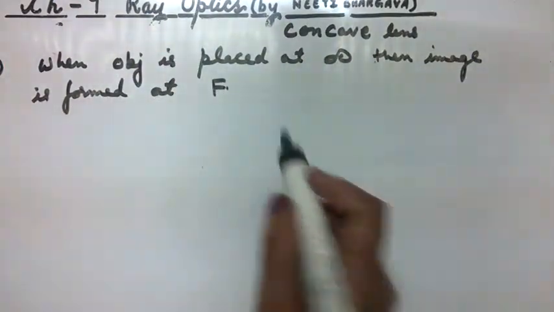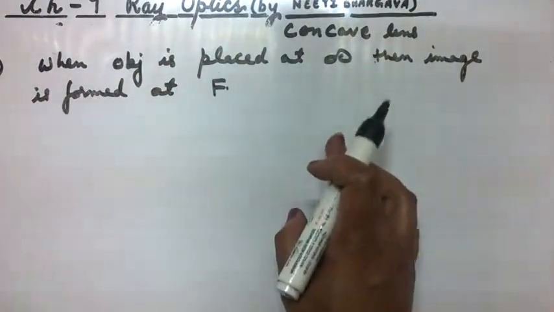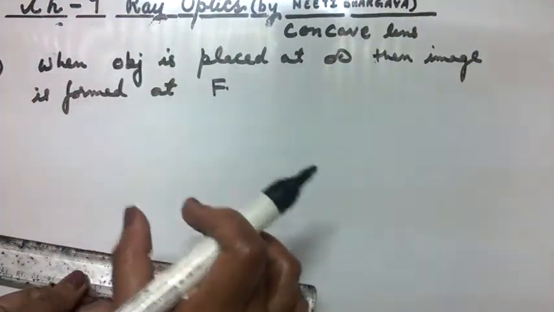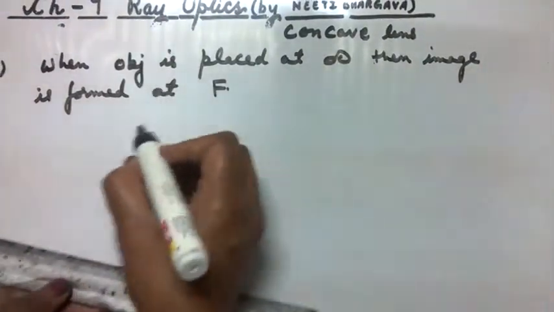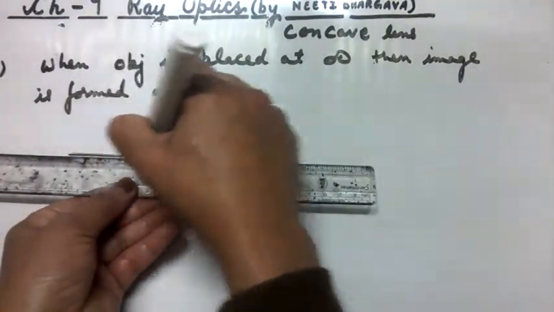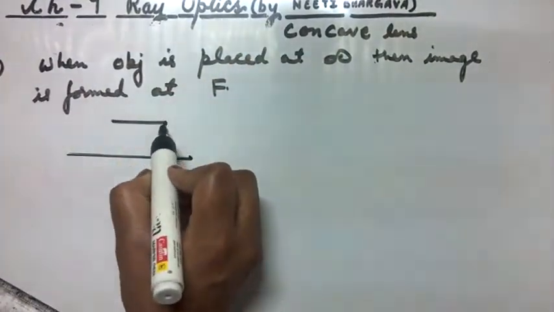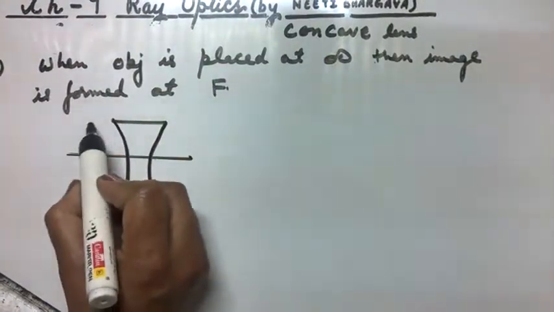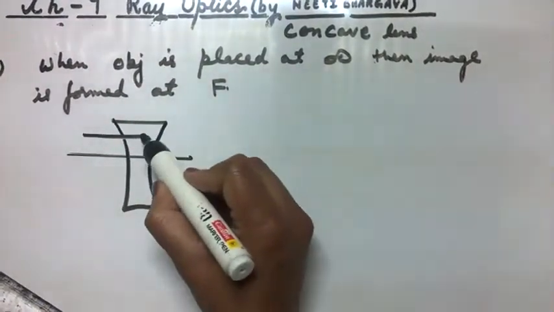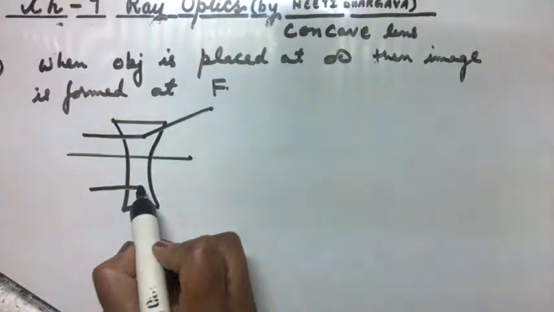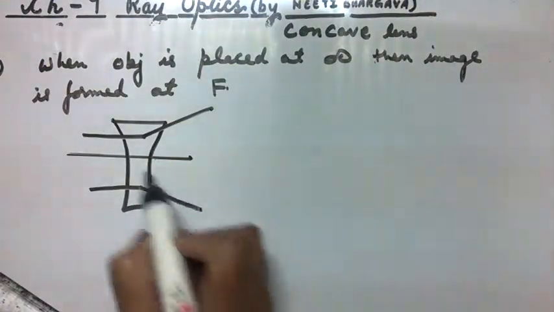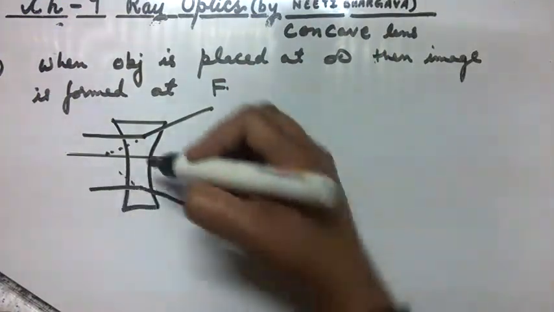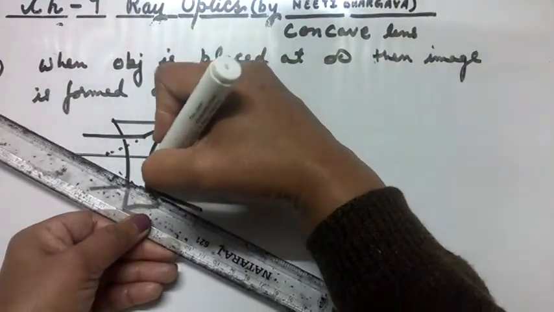And virtual and erect image, and that is a very diminished image, highly diminished image is obtained. That is, here we can see a point image is obtained.